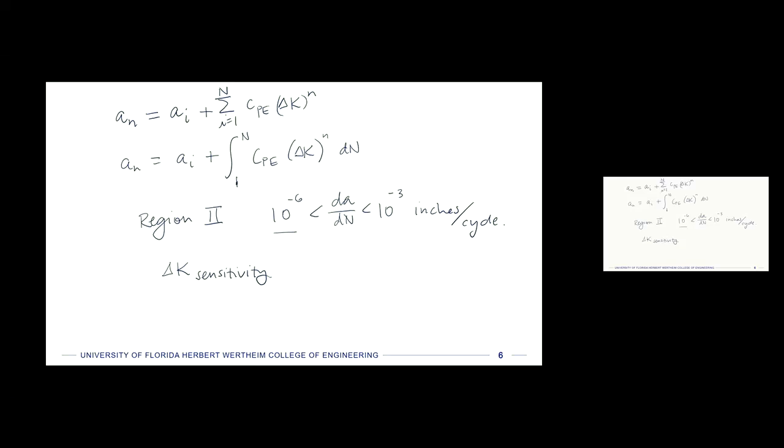And so below that value, you can't apply Paris law. And then there's also an upper limit to this where it would go into the region 3, and that would be kind of a more subtle definition of when the crack propagates to a final failure. I don't think it's worth talking about all of those subtleties and limits on this because we're not going to use them as much for prediction.